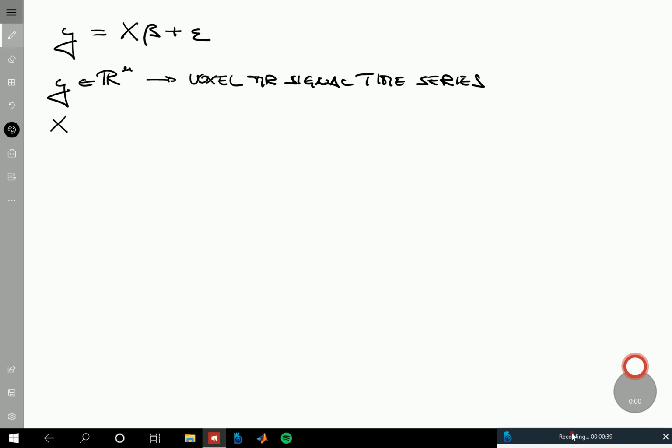Then we were here and we established that this is n times p, and this is the predictor time series, so condition-specific predictor time series or regressor, or columns of the design matrix, the same thing. These are created by convolution of the stimulus onset functions with the hemodynamic response function.